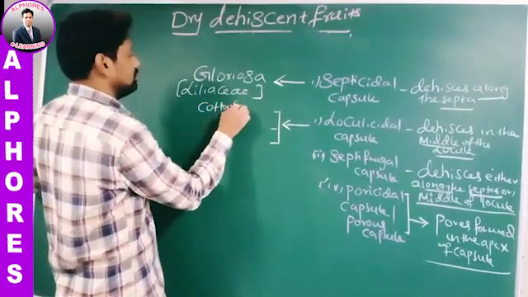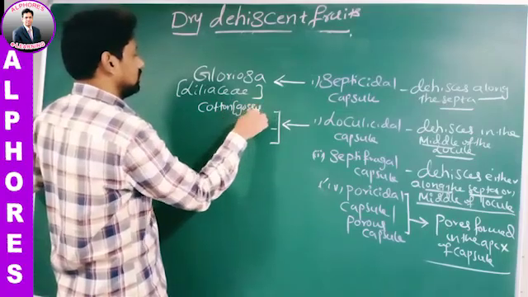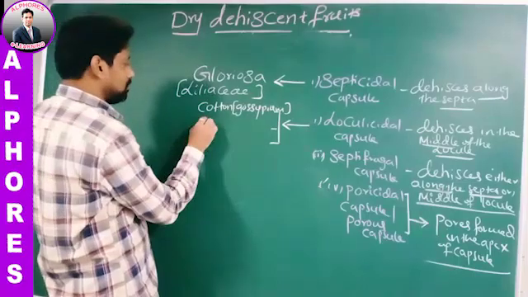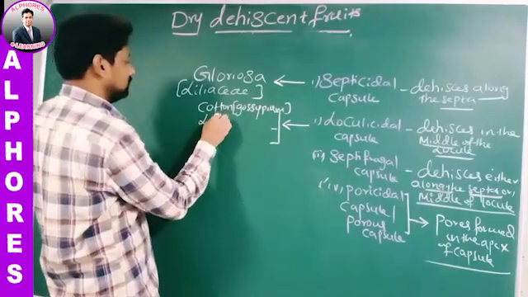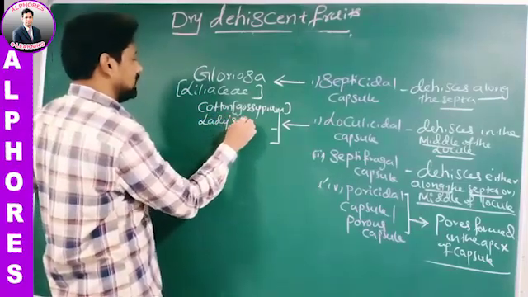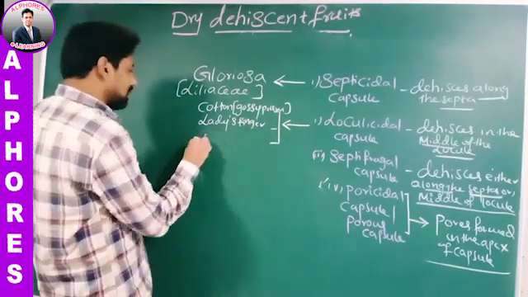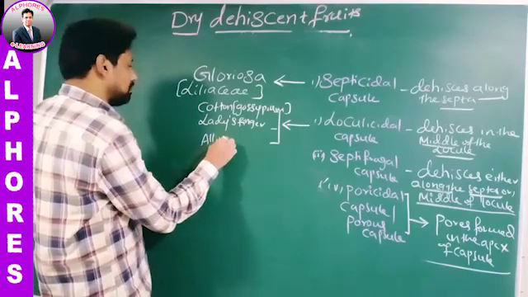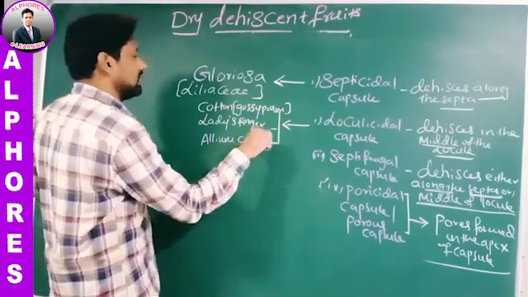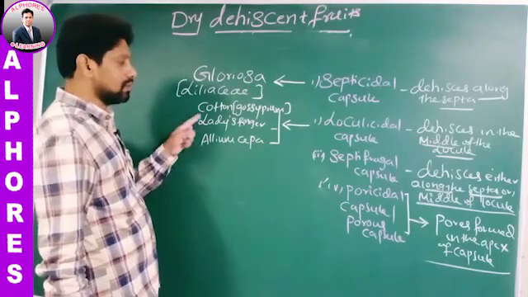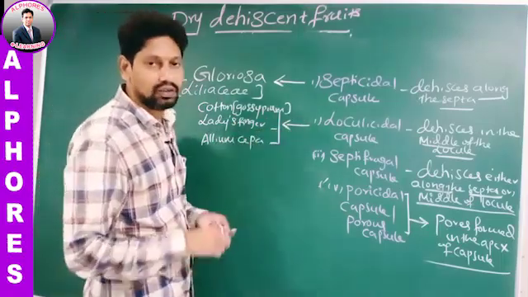Cotton. Gossypium, right? Sir, second example, lady's finger. Third example is Allium cepa. What is the third example? Allium cepa. Therefore, cotton, lady's finger, Allium cepa, these three are examples for loculicidal capsule.